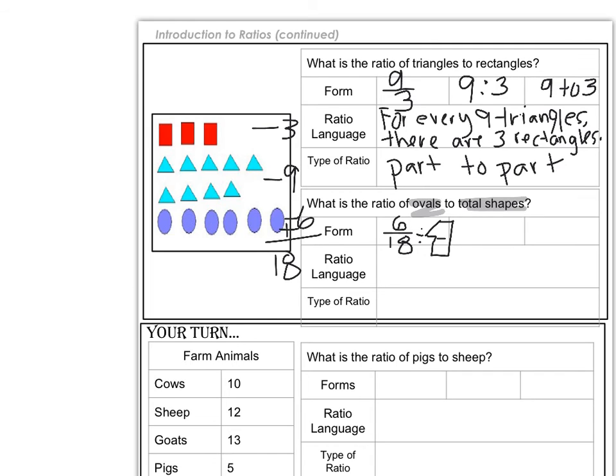What can go both into 6 and 18? 6. So we're going to put 6 as our numerator, 6 as our denominator. 6 divided by 6 is 1, and 18 divided by 6 is 3. So it's 1 over 3, 1/3. That's equivalent to 6/18. Now let's use the colon, 1 to 3, and 1 to 3. That gives us a head start for our lesson tomorrow.